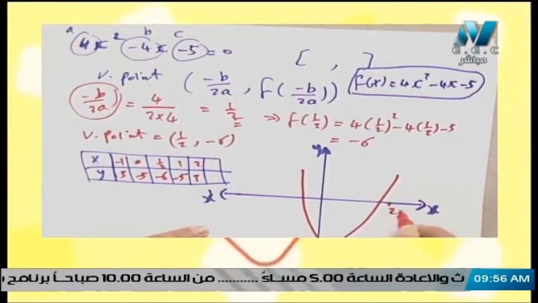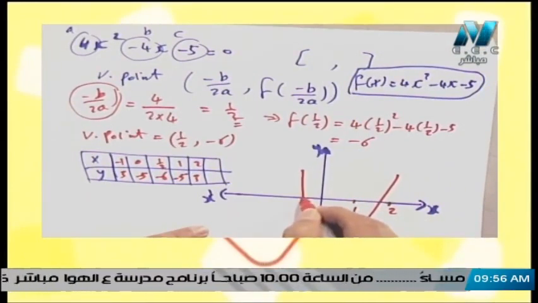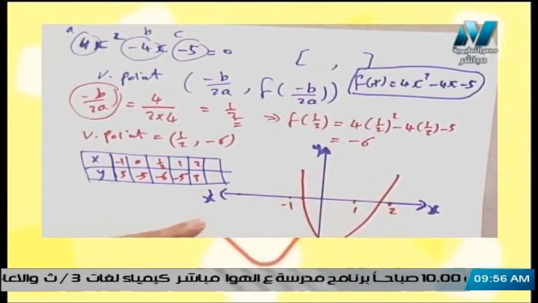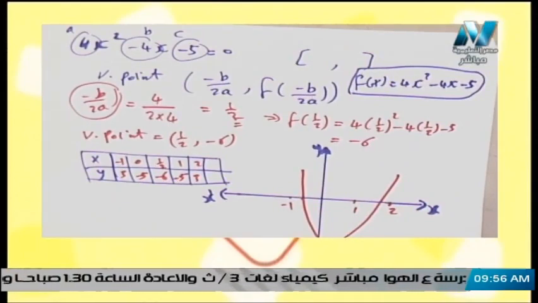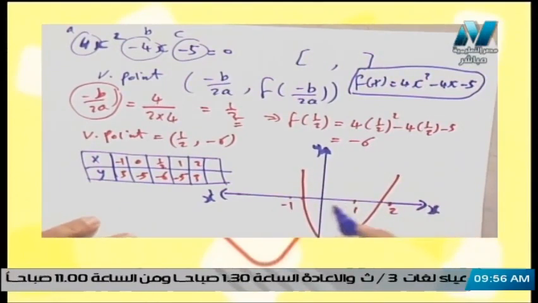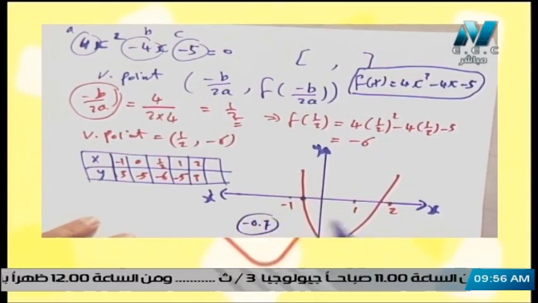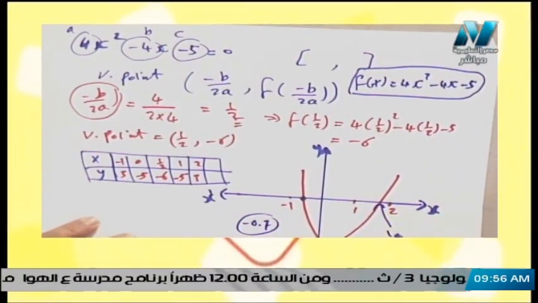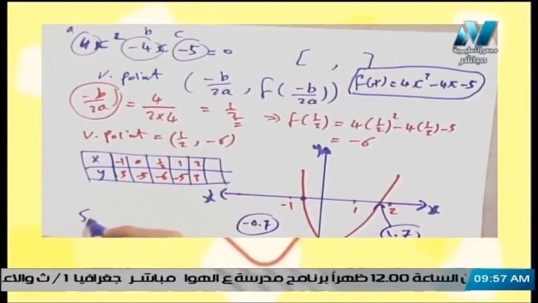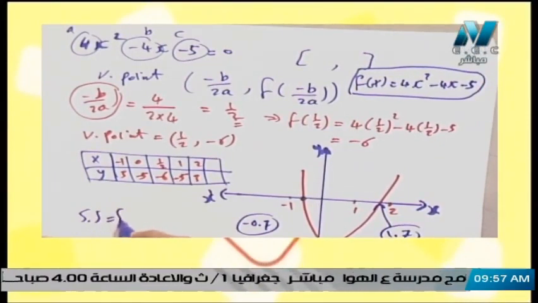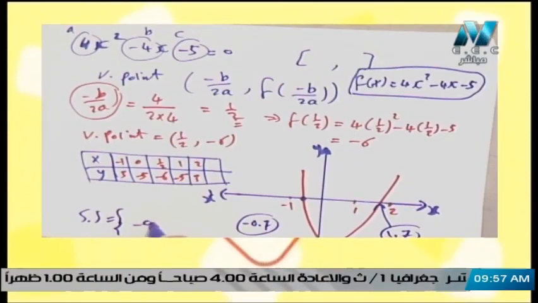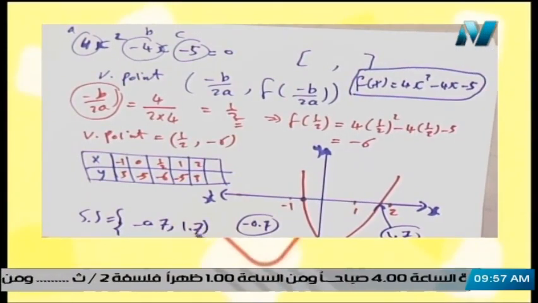Here is 2, here is 1, and here is negative 1. And the solution set is the intersection points with the x-axis, which are here negative 0.7, and here approximately 1.7. So the solution set equals negative 0.7 and 1.7.